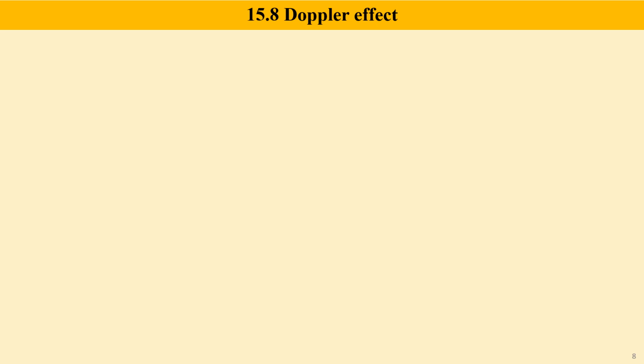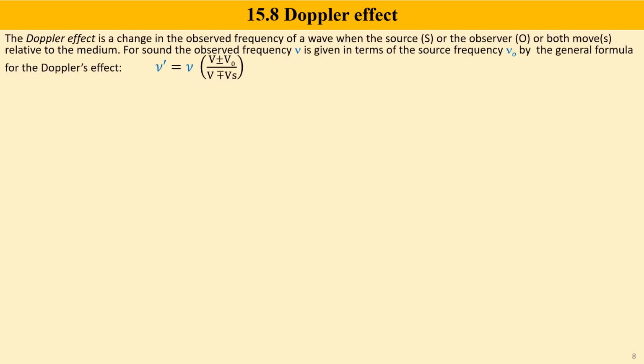However, here we shall consider only sound waves. Thus, the Doppler effect is a change in the observed frequency of a wave when the source S or the observer O or both move relative to the medium.